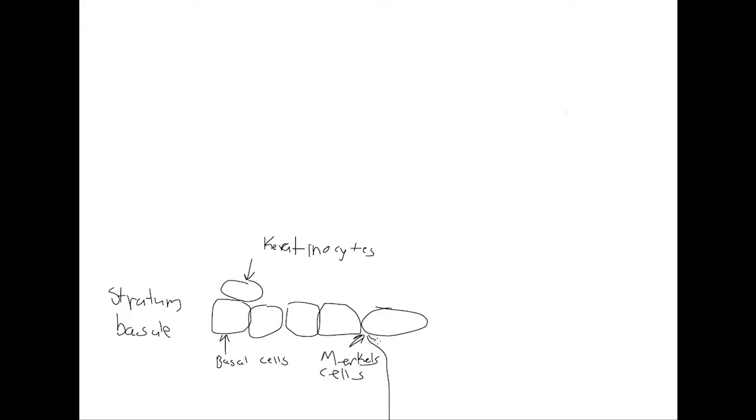So, and they're going to help detect light touch. Okay? So something like just resting your fingertips on a table or something like that. Just light touch. Yeah, so those are Merkel cells.